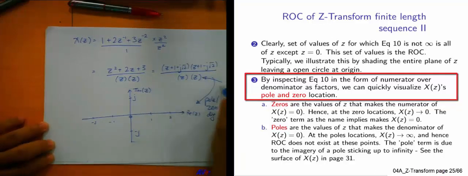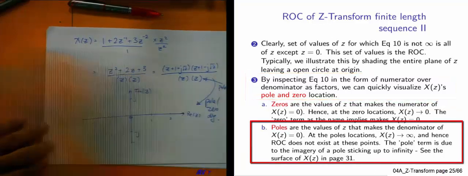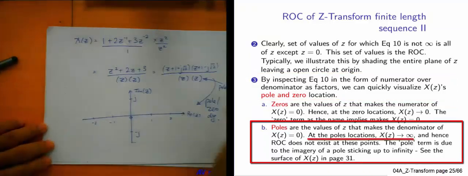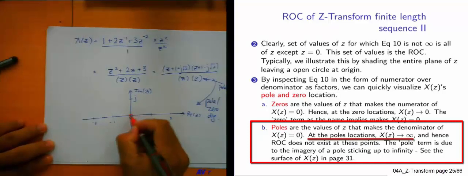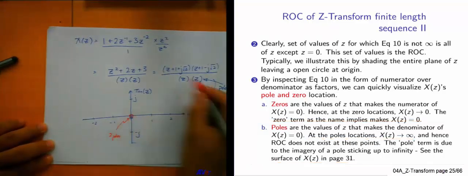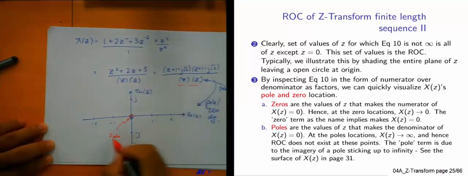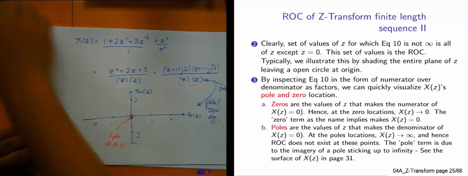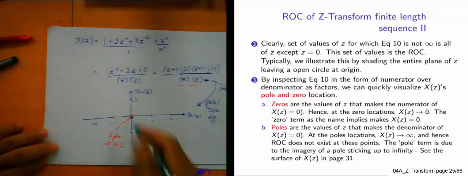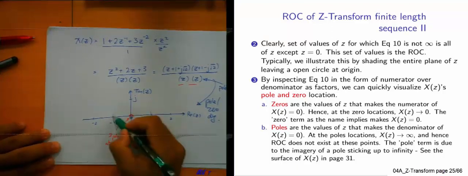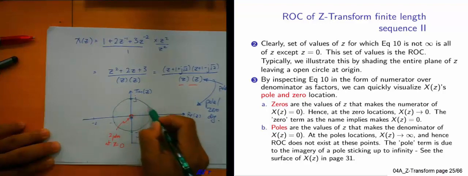These guys are called poles. What values will make the denominator equal to infinity? 0. So I will draw two poles, one pole, two poles, at z equals 0. Can you see now? So no problem. Now I will draw a circle, the unit circle. So far okay?